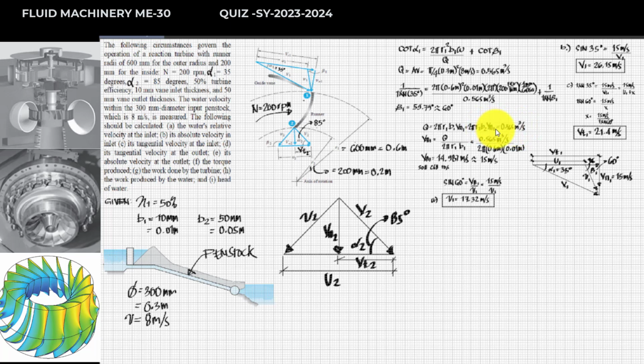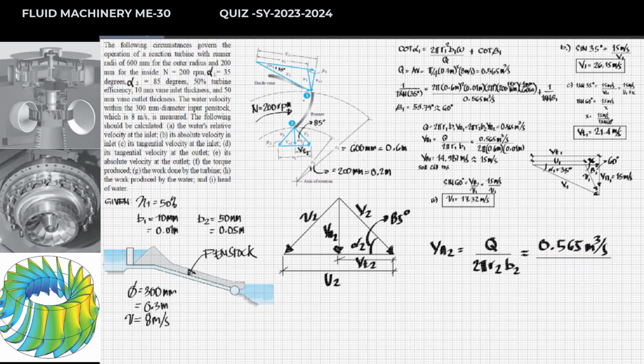Now, we have your Bn sub 2, so in order to get the Bn sub 2, that will be equal to your volume flow rate over 2 pi, radius 2, thickness of the vane 2, and this is equal to 0.565 cubic meter per second, and this is all over.